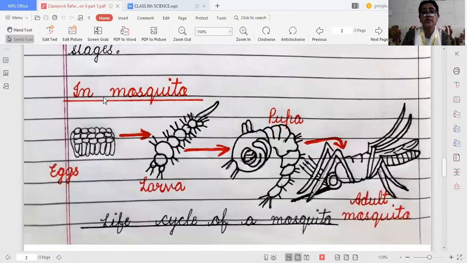In the mosquito, as you can see in the figure, the eggs develop into larvae, then the larvae into the comma-shaped pupa, and finally the pupa changes into an adult mosquito. These are the different stages from egg to adult mosquito. That is also known as the life cycle of a mosquito, and that is how metamorphosis takes place in the mosquito.